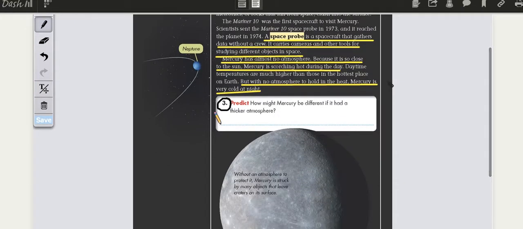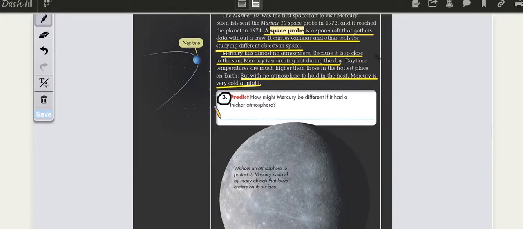Well, because of the space probe, scientists could gather this important information about Mercury. Mercury actually has almost no atmosphere like the Earth.